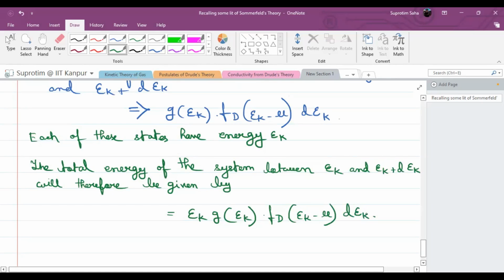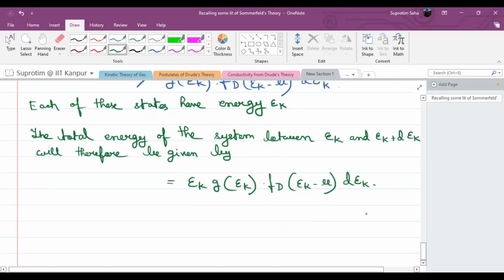All right. So the total energy of the system at a finite temperature is then given by, this is only concerning the energy Ek, but you have other energy levels apart from Ek, spanning from 0 to infinity.